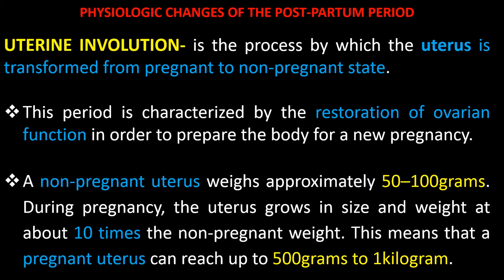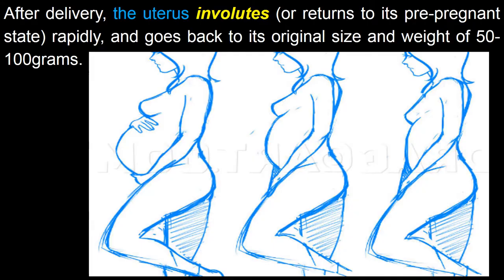So kung kanina po, yung non-pregnant uterus is only 50 to 100 grams, nag-times 10 yung size and weight ng pregnant uterus. So this means that the pregnant uterus can reach up to 500 grams to 1 kilogram.